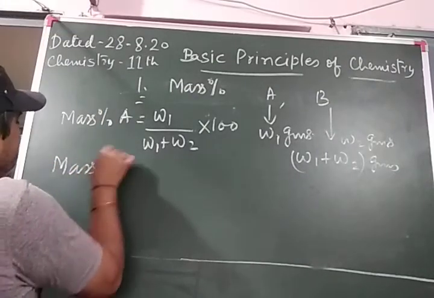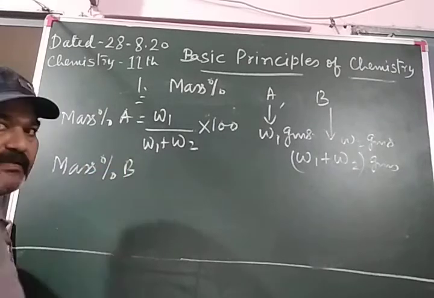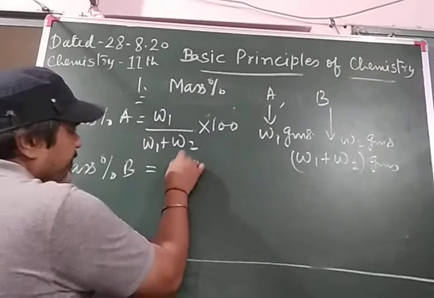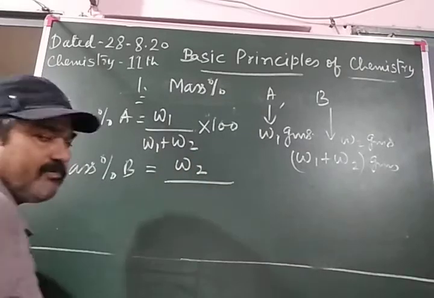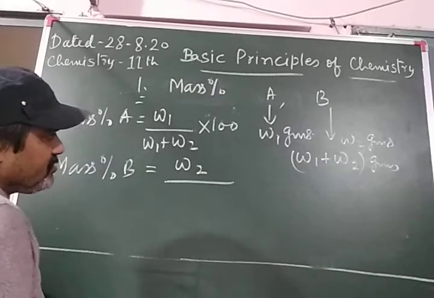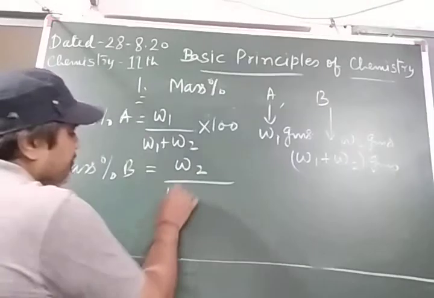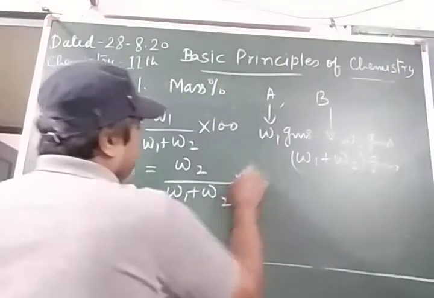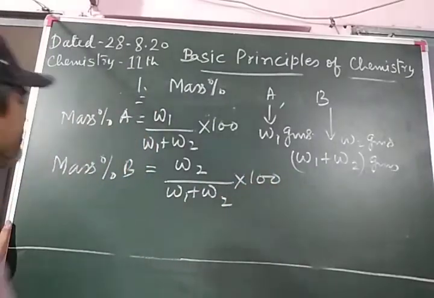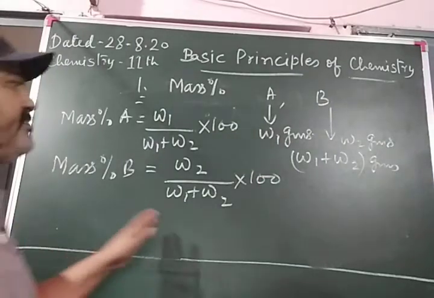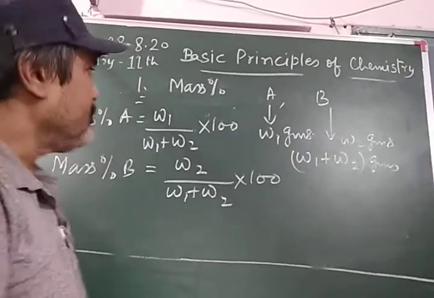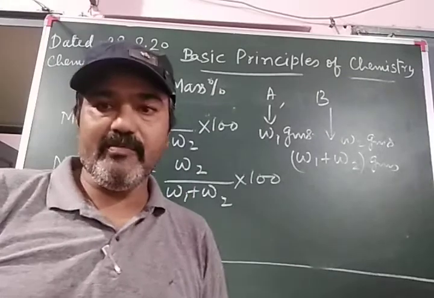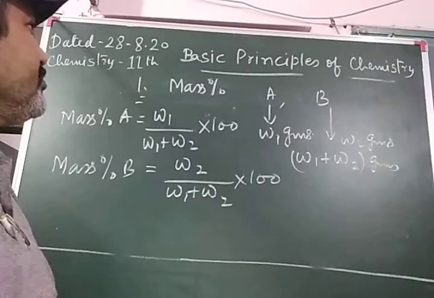Similarly, the mass percent of B is equal to the mass of B, that is W2, divided by the total mass of the solution, that is W1 plus W2, multiplied by 100. So this will be the mass percent of B. In this way we can find out the mass percent of a particular component in a given solution.